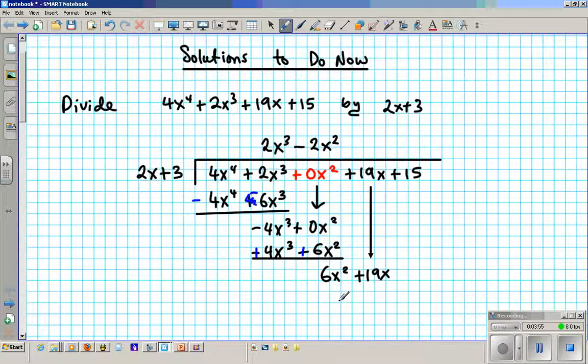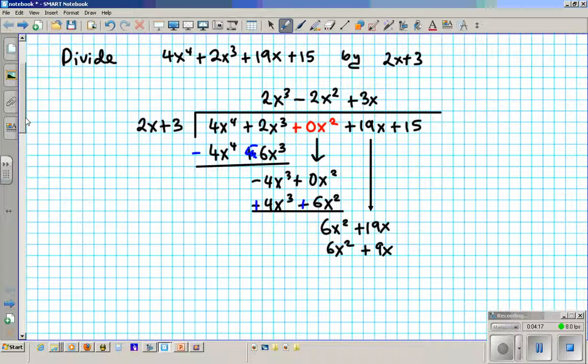Let's see. 2x times what gives me 6x squared? 2x times 3x. So you distribute it to both of them, and that gives you 6x squared, and then 3x times 3 gives you plus 9x. Alright?